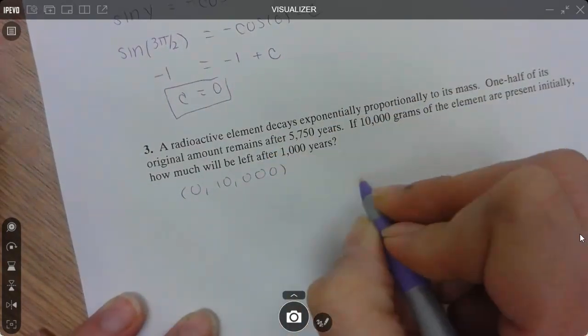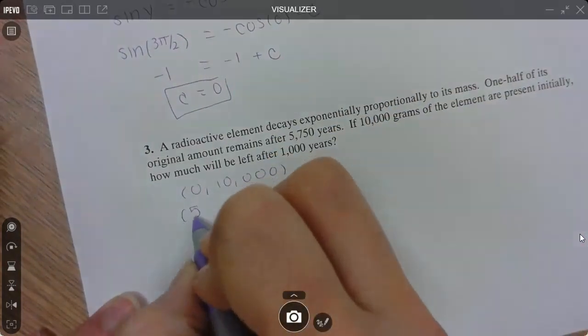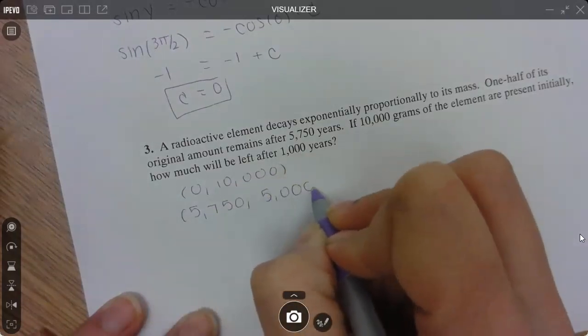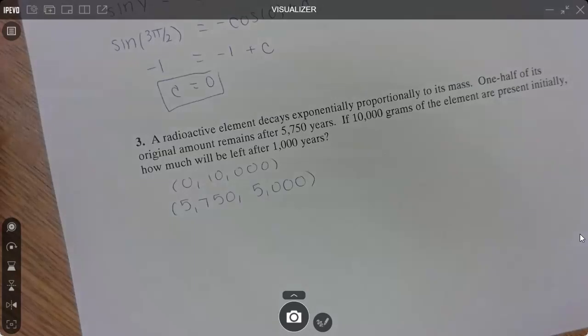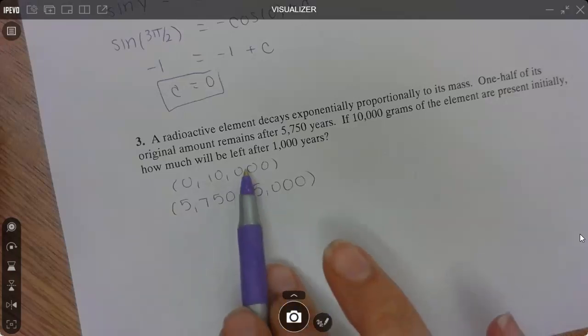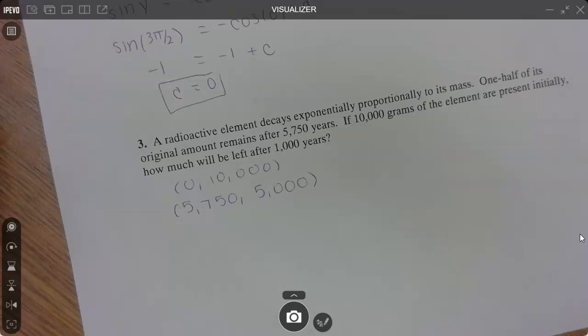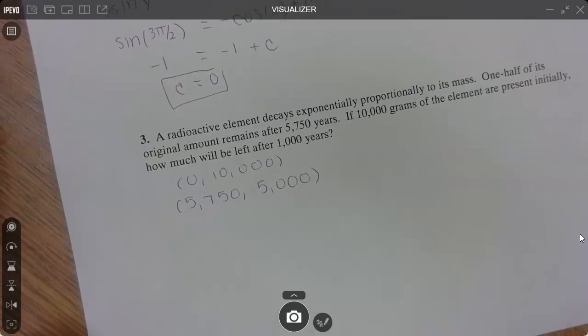Its half-life is 5,750. So that means at 5,750, there is 5,000 left because that's half of the initial amount. How much will be left after 1,000 years?